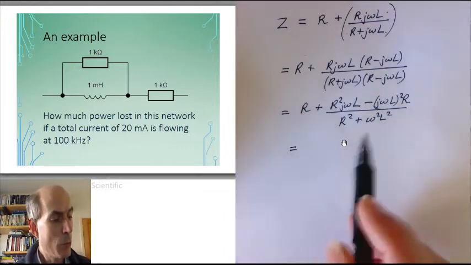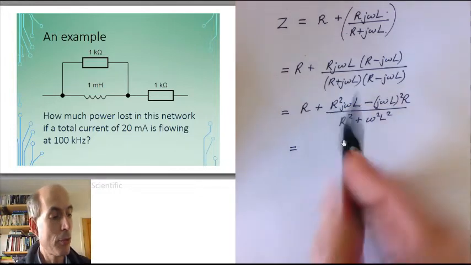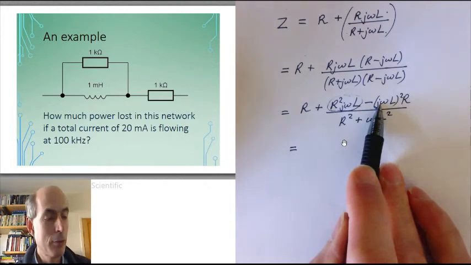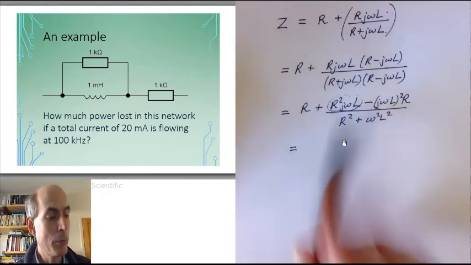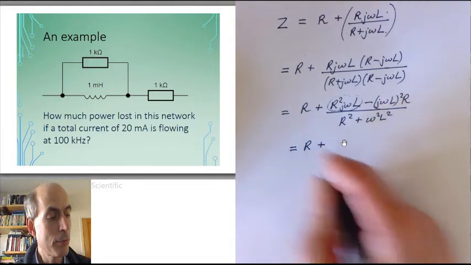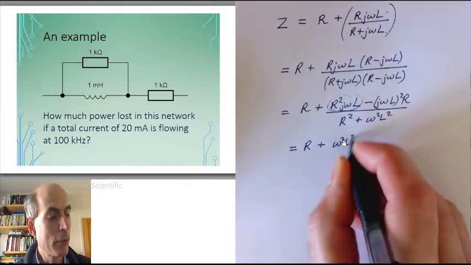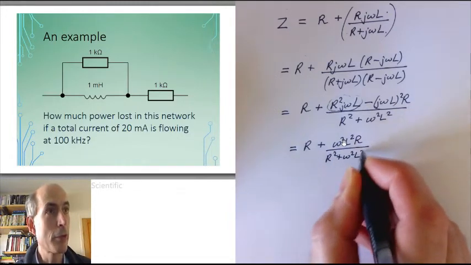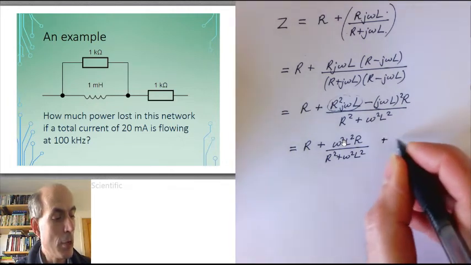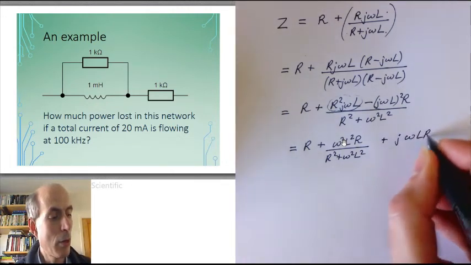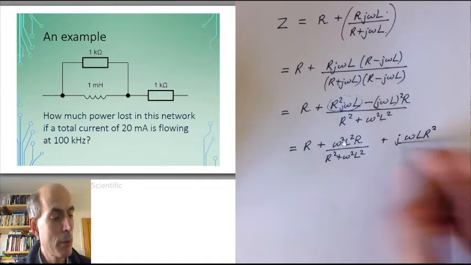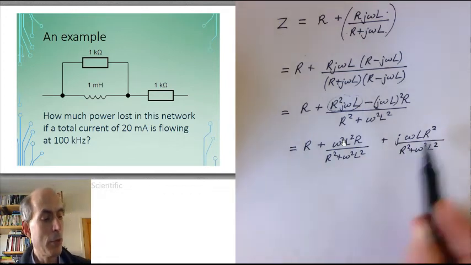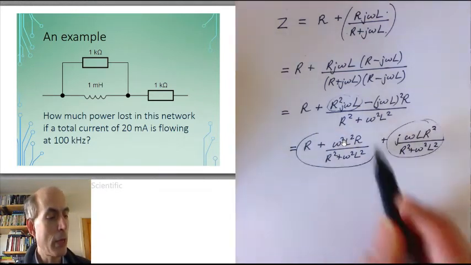And if I separate out the imaginary component of this, that's just going to be that term there, because this term here has a j squared in it, and j squared is minus 1. So that would give us R plus omega squared L squared R over R squared plus omega squared L squared, plus j times omega L R squared over R squared plus omega squared L squared. That is our imaginary component. This is our real component.